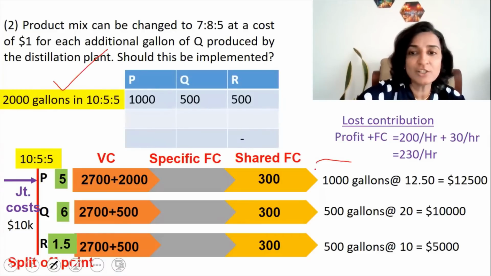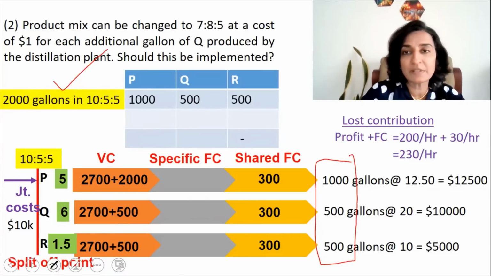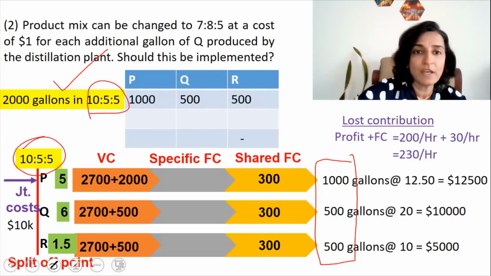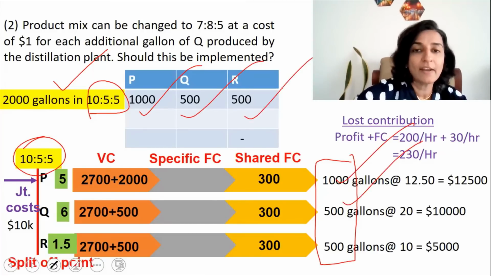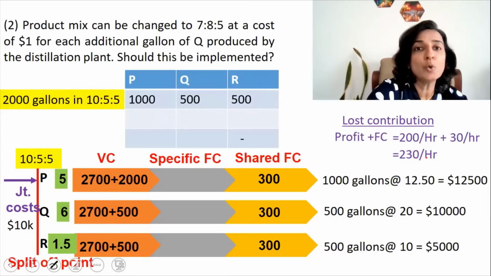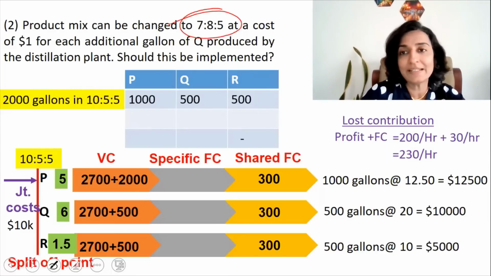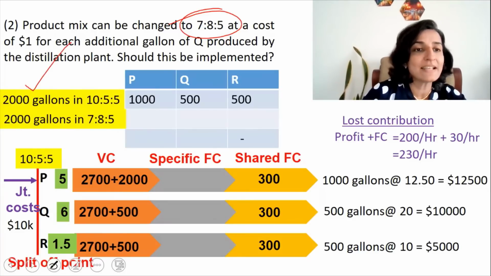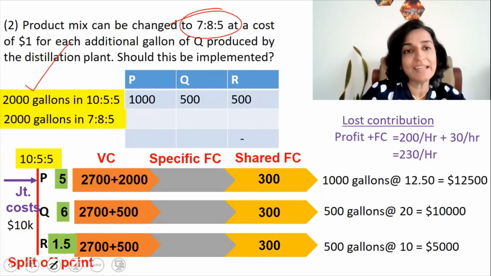So right now we have 2000 gallons, that is the total of 1000 plus 500 plus 500, in the ratio of 10:5:5, which means that 1000 for P, 500 for Q, and 500 for R. They are telling you the new product mix is 7:8:5, which means that we have to divide 2000 gallons in the ratio of 7:8:5.